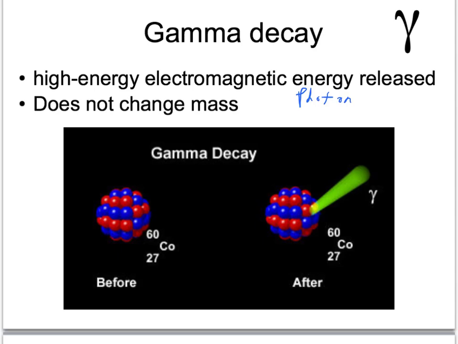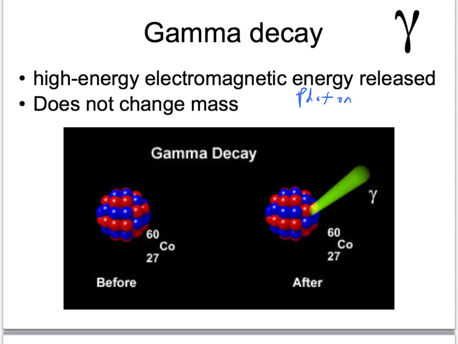So gamma decay can knock electrons in other atoms out of place and really screw up stuff, especially in living organisms. Gamma decay, if it knocks a couple of electrons out of place in your DNA, can cause the development of cancer. So gamma decay is high energy and a really little vicious particle.